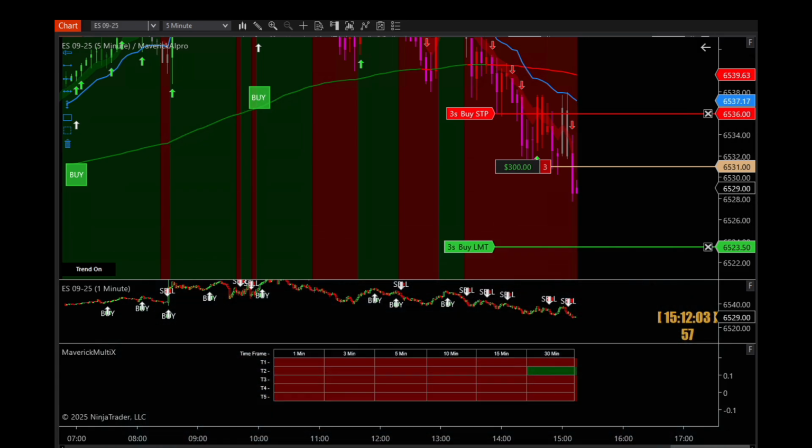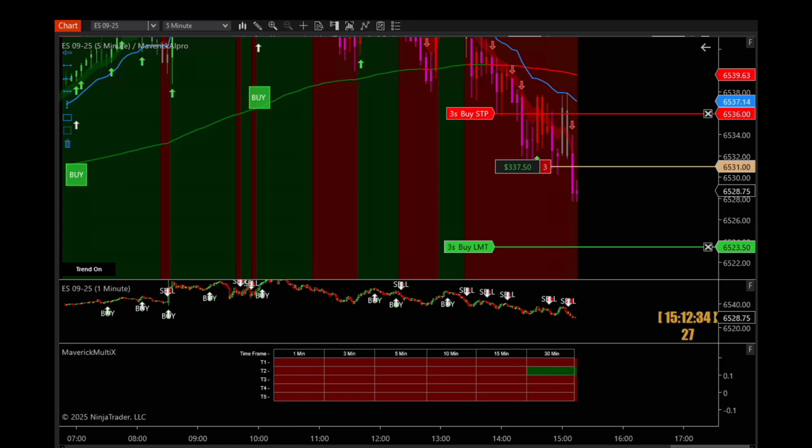The way it works is, see that T1 through T5 down here? Think of that as trader 1 through trader 5, and think of each trader as having a different style. These are 5 different traders looking for different things to determine, are we going up or are we going down? And right now, trader 1 through trader 5 on the 1-minute chart is voting unanimously, we're going down.